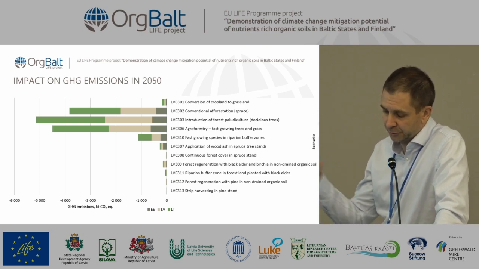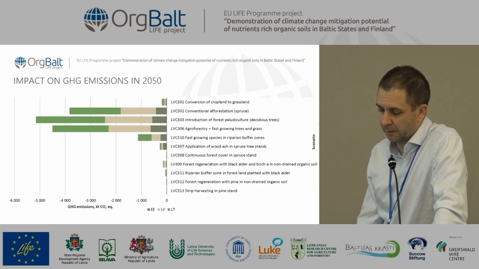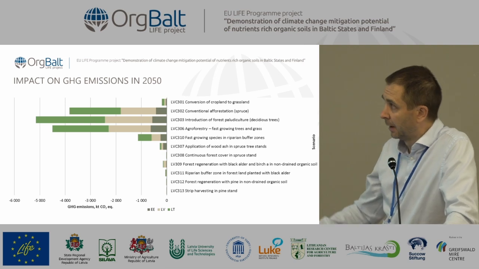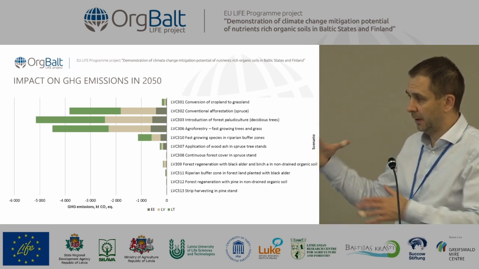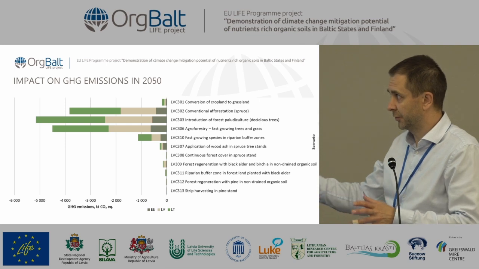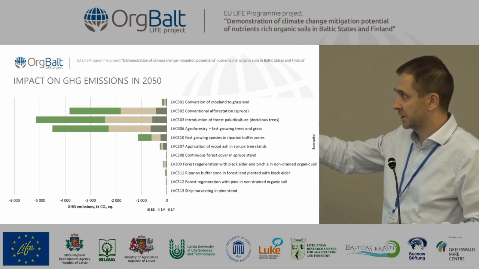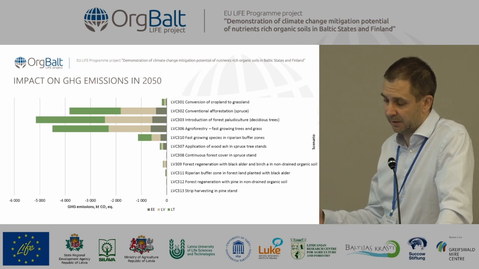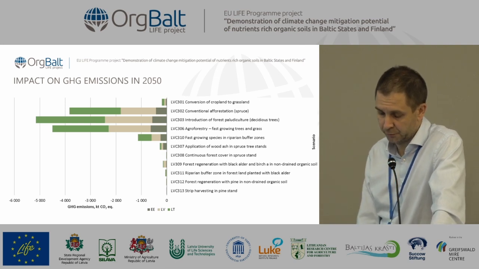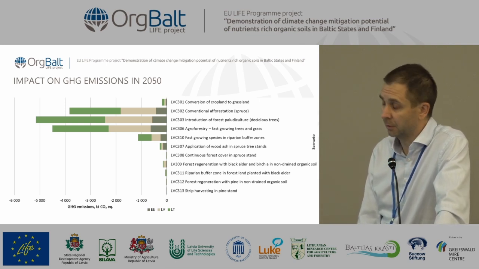We can also see that in Lithuania, the overall impact is higher in comparison to, for instance, Estonia. And due to the area on which we can implement the measures, some of the measures have quite insignificant impact. So we should take that into consideration.